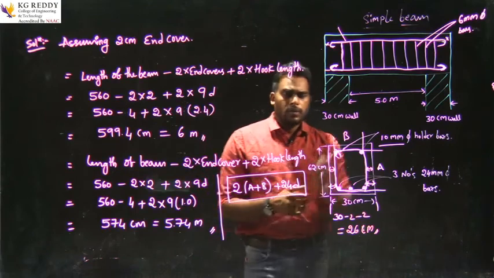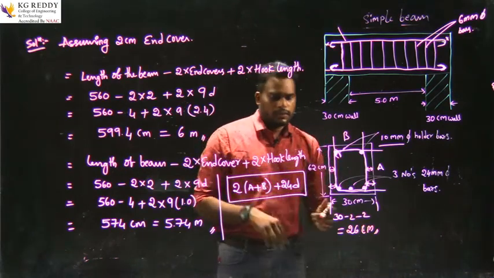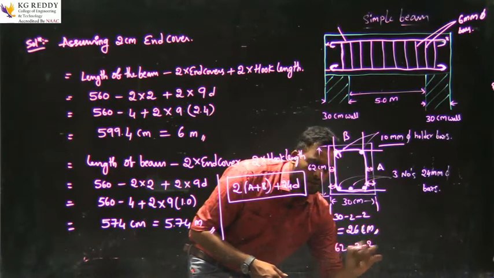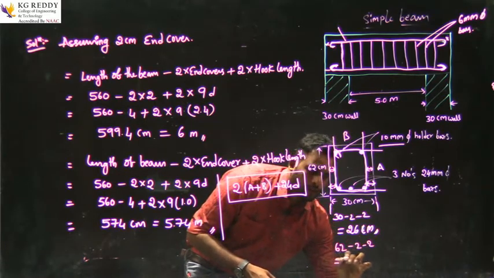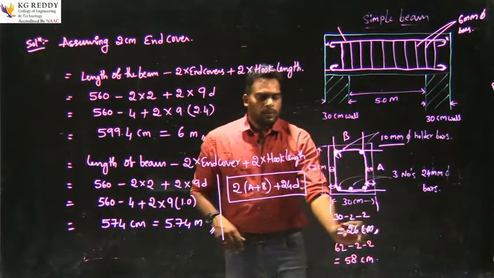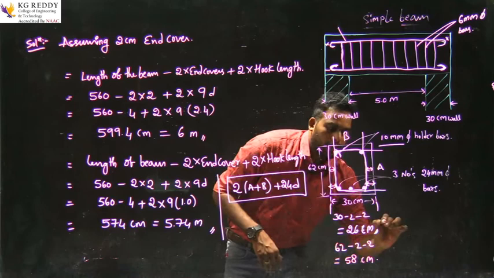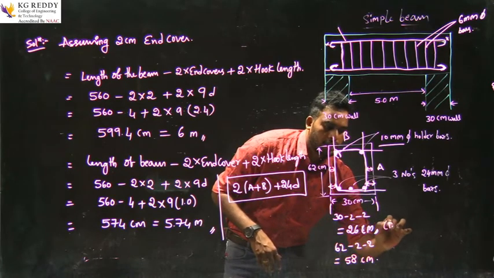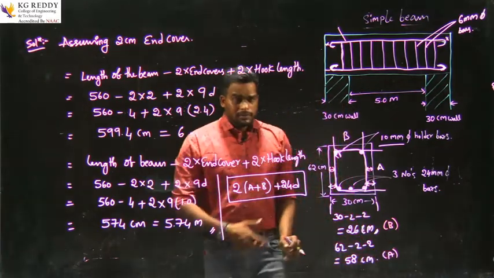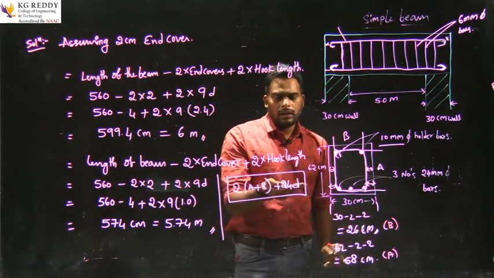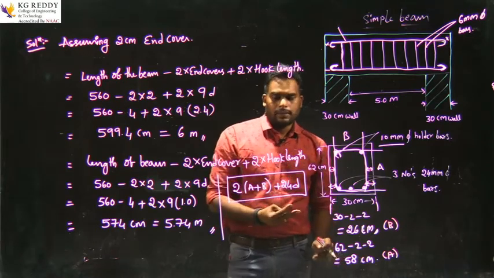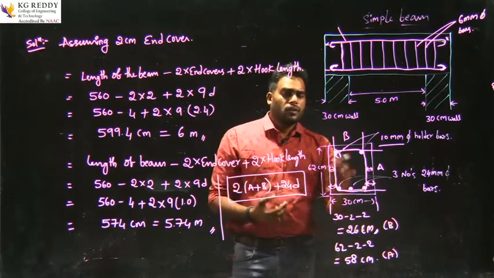Same as usual, the a value: 62 minus 2 will get 58 centimeters. So the b value is 26 and the a value is 58. We need to substitute the values here and we'll get the length of the stirrup, and d is the diameter of the stirrup.